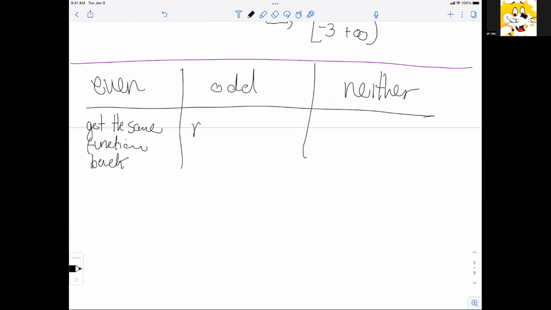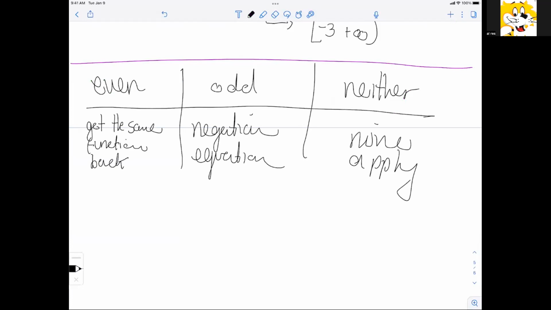For an odd, you get the negation of your equation. And neither means none apply. You're not going to get yourself back and you're not going to get the negation.